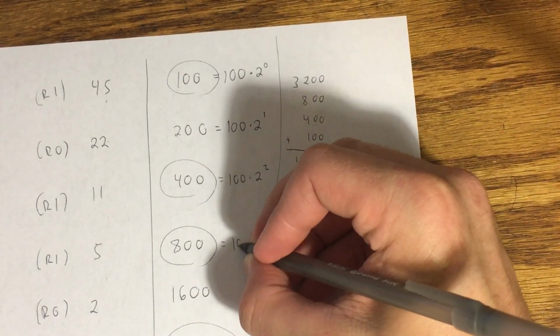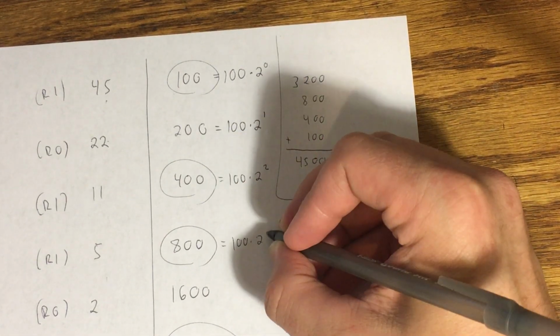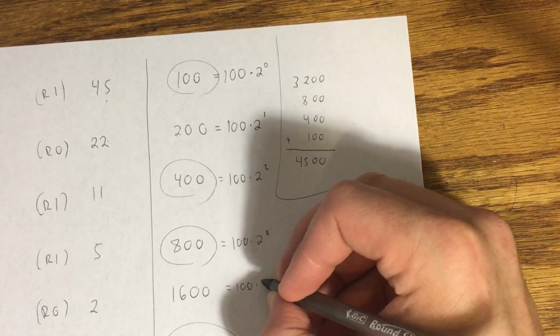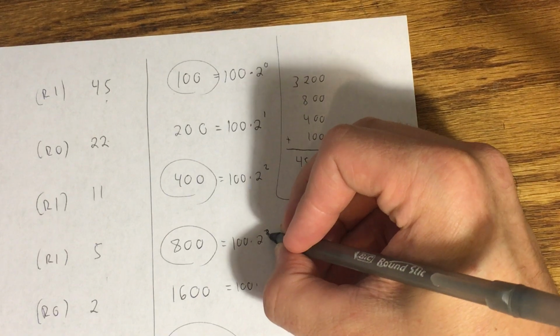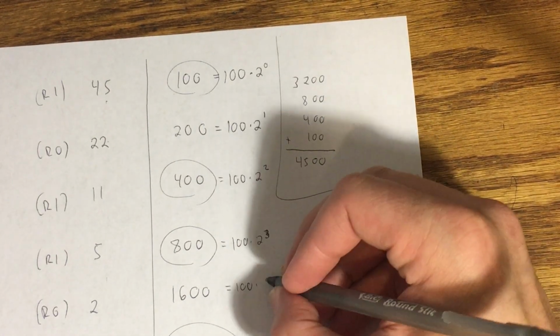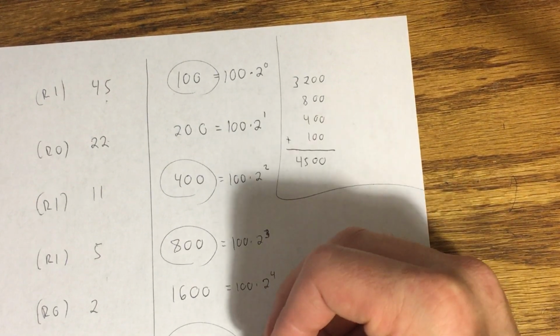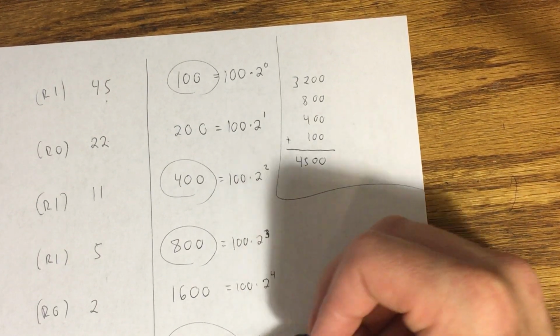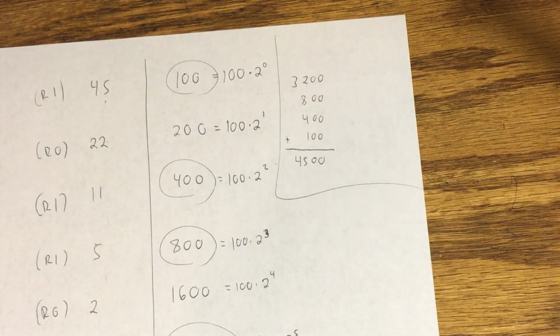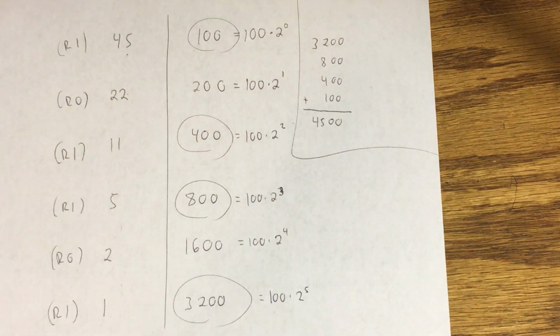And this would be like 100 times 2 to the power of 3, which is 8. That's why I was thinking 8. 100 times 2 to the power of 4, and this is equal to 100 times 2 to the power of 5. Again, the exponent increases each step of the way because we're multiplying by 2 to get to each new number.